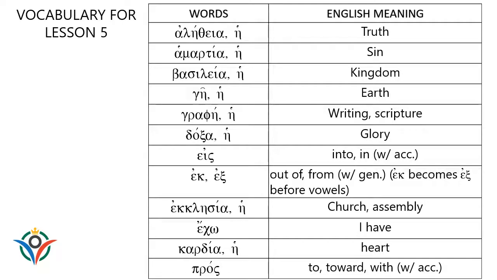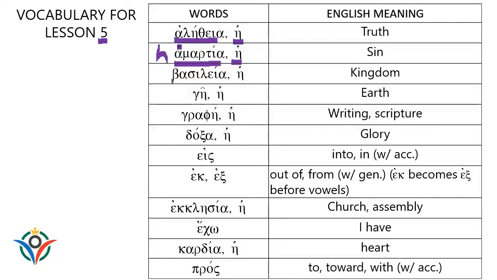So let's take a look at our vocabulary for lesson 5. I'll begin with all the first declension nouns. All right, so we have here aletheia, hei, which means truth. Then we have hamartia, hei. Notice the rough breathing mark there, so we put an H in front of it, and that is sin.